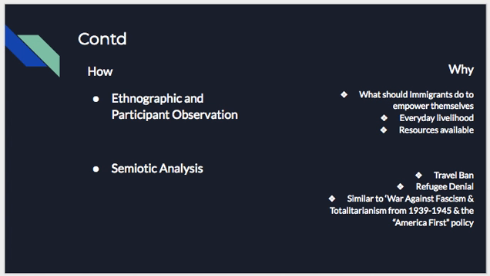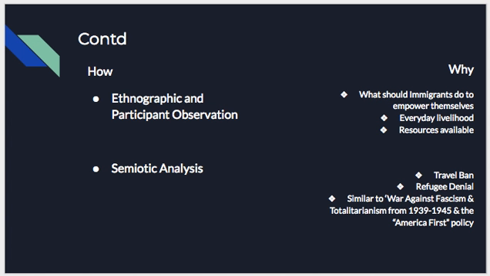And last but not least, semiotic analysis. I really want to talk about the close analysis of texts and detailed analysis of meanings. For example, the travel ban and the refugee denial. What does this really mean? It's not really just policies, but what image and message they're sending to the people outside of the United States.